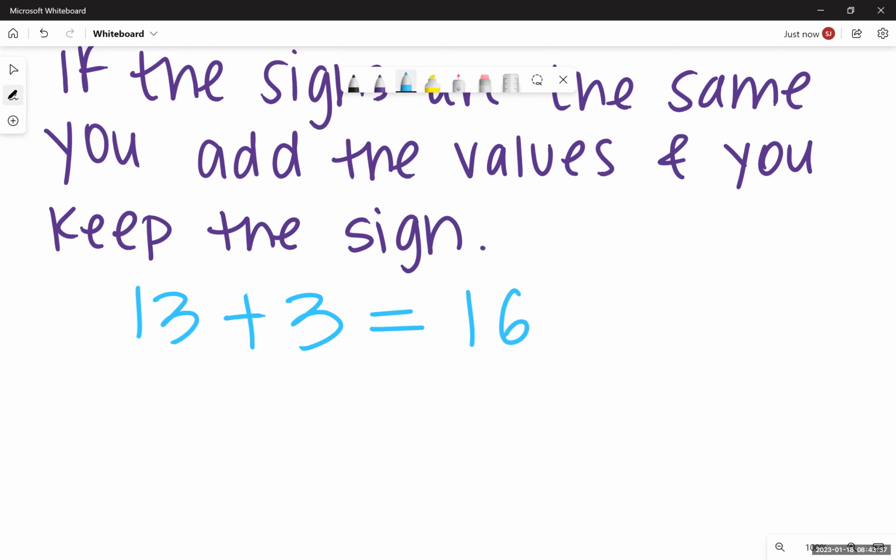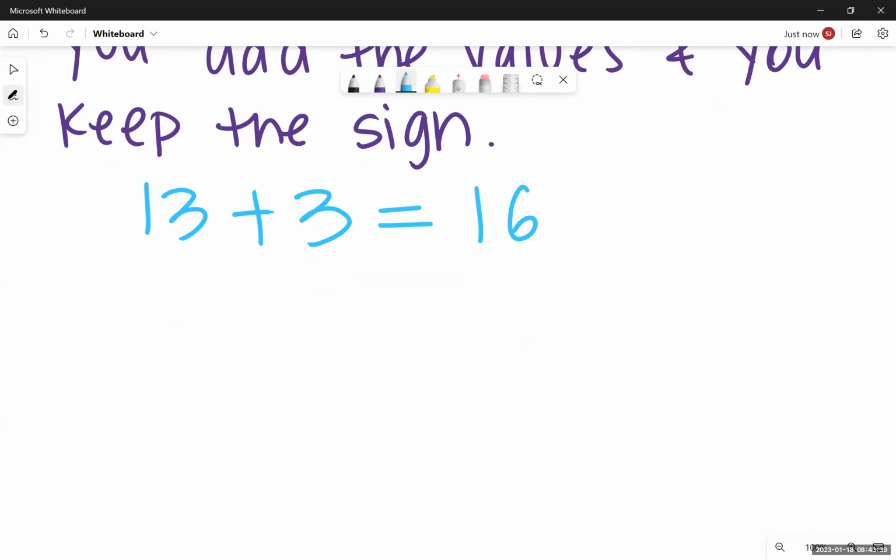The one that people will overcomplicate or think too much about, and then all of a sudden they feel really lost, would be if the signs are the same, meaning both negative, right? So if we have a -5 and a -7.